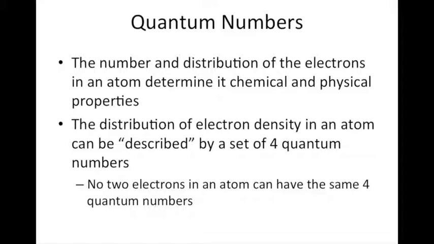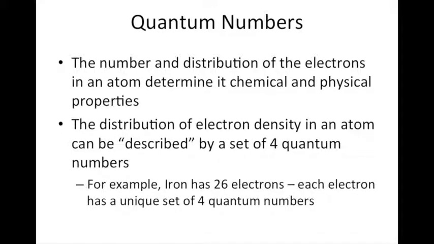These four quantum numbers are assigned to each electron in an atom. Each electron has a unique set of four quantum numbers, and these describe where that electron is likely to be, its most likely position. No two electrons in the same atom can have the same set of four quantum numbers.